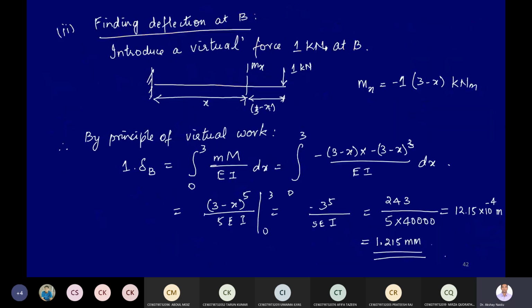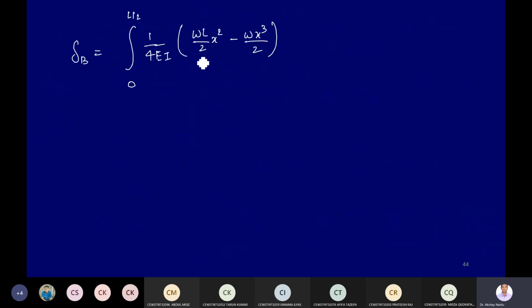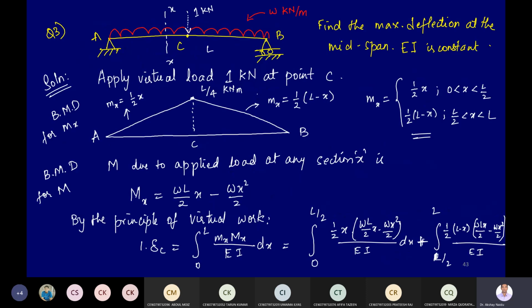Not 2, that 4 has come outside already, so this 2 will not be there.